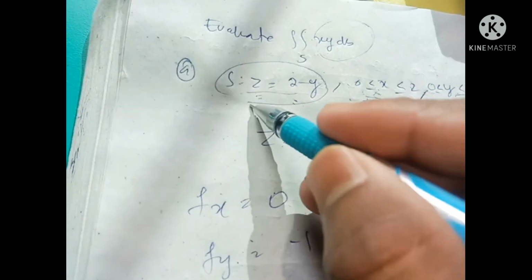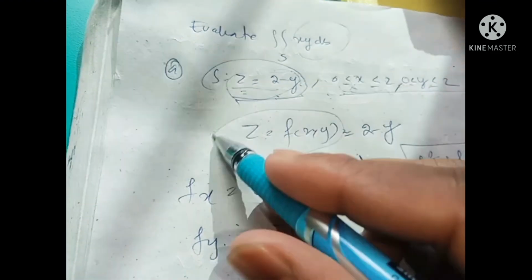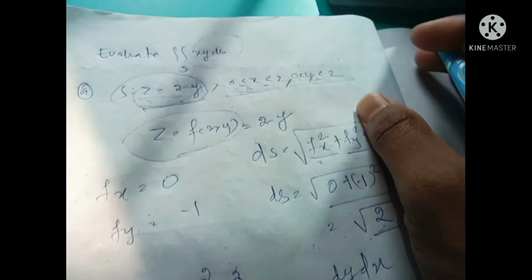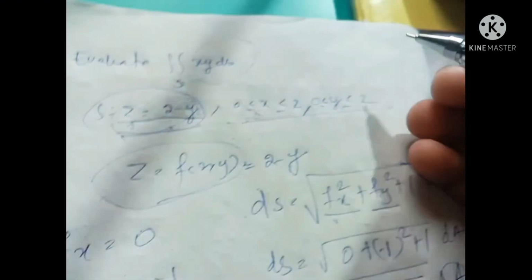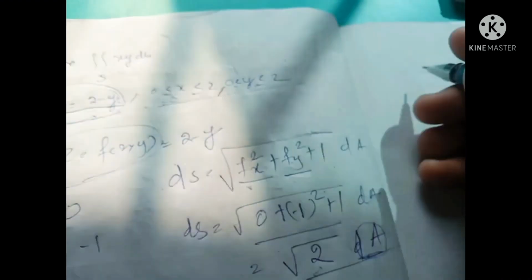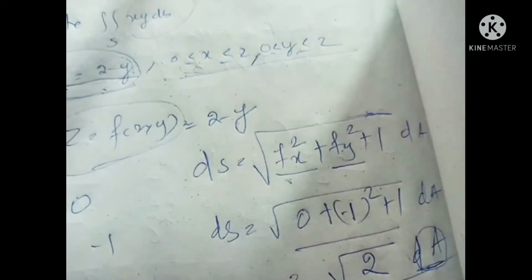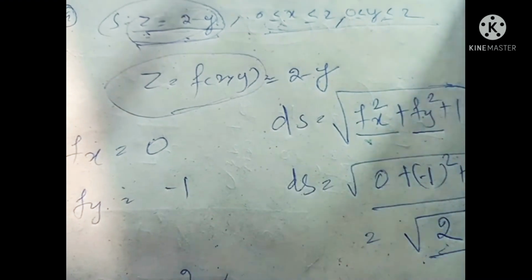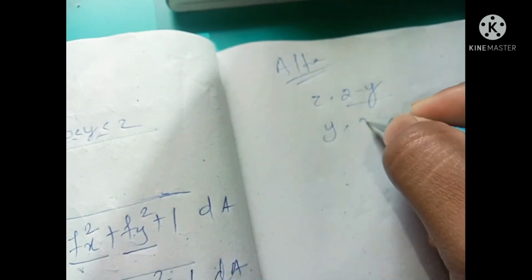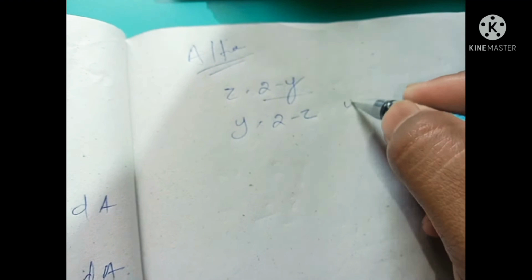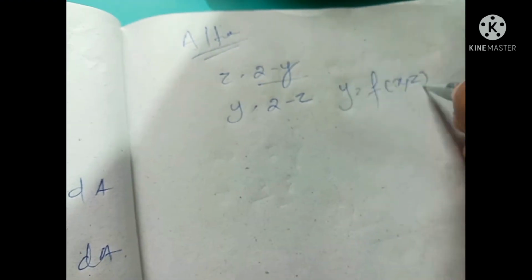As you see, this is the method where z is a function of x and y. Alternatively, we will do another method where we change this into a function of x and z. Here z equals 2 minus y is given, so y equals 2 minus z, and we convert that into a function of x and z.